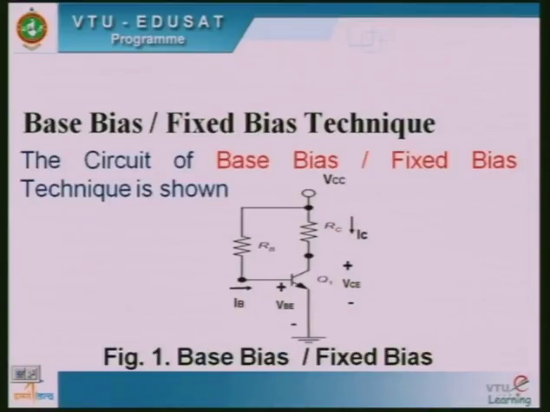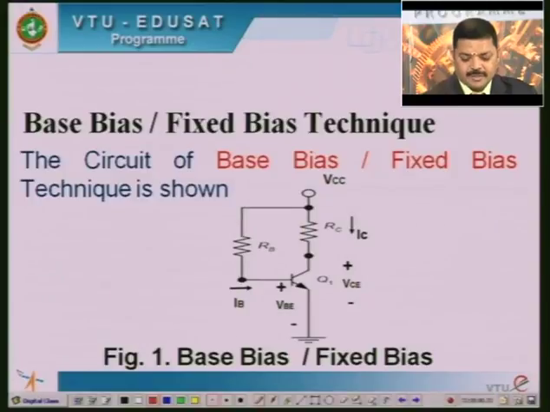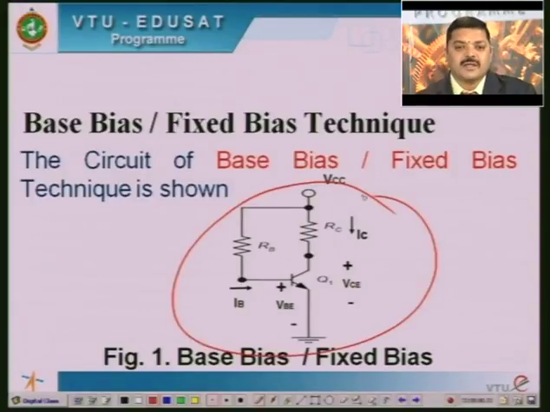Figure 1 is a fixed bias circuit, and for this circuit I will change the HFE values from minimum to maximum, and study the performance with respect to the operating point Q.